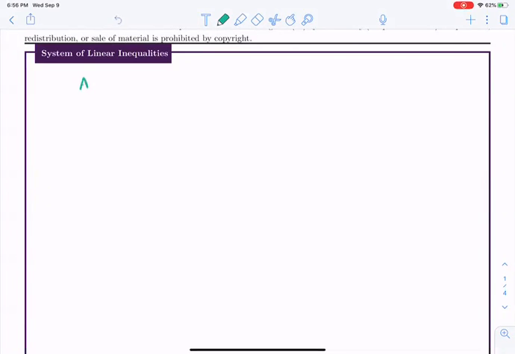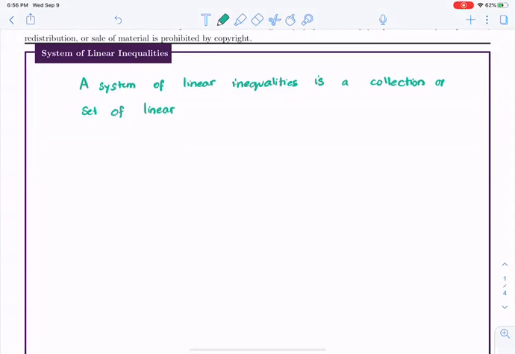So a system, it is a collection or set of linear inequalities.